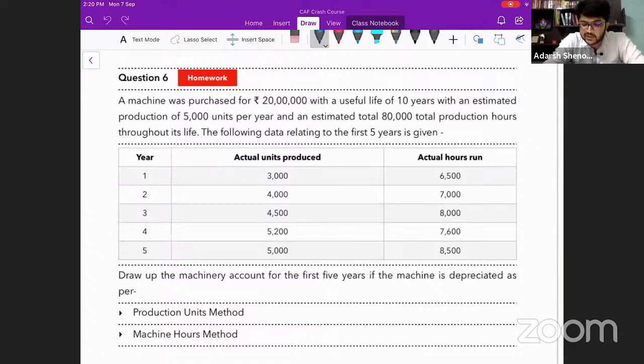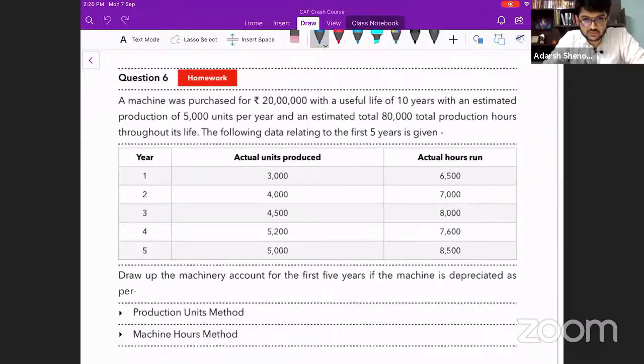And an estimated total 80,000 total production hours throughout its life. These are two independent things, okay? You can't follow both the methods, but they have given data relating to this also. How much in terms of production hours? Total production hours? 80,000 production hours. Should I multiply this with 10?